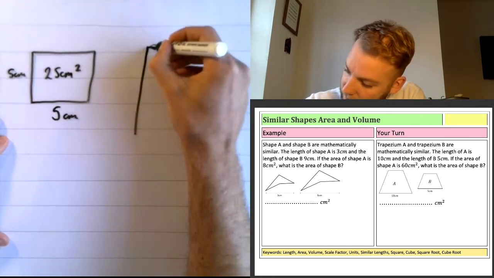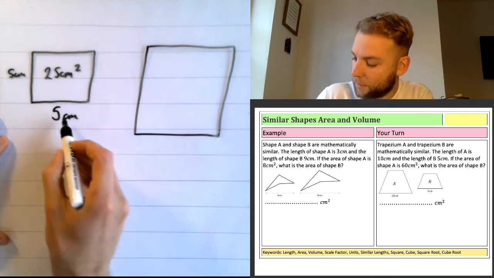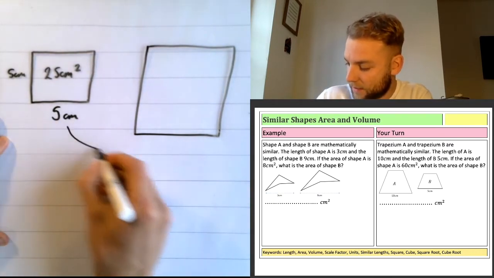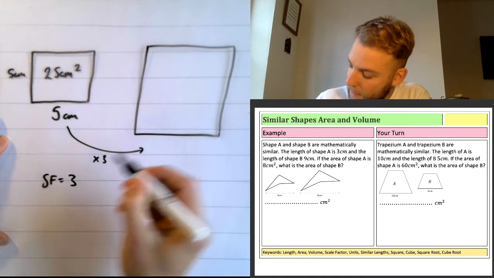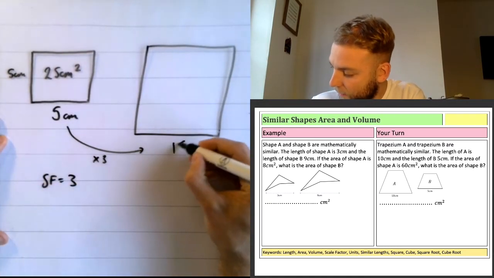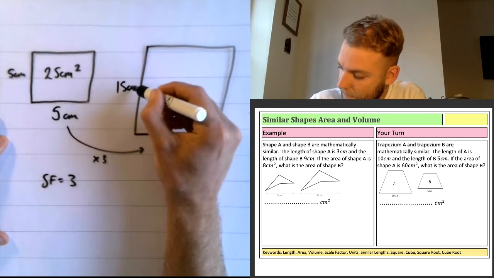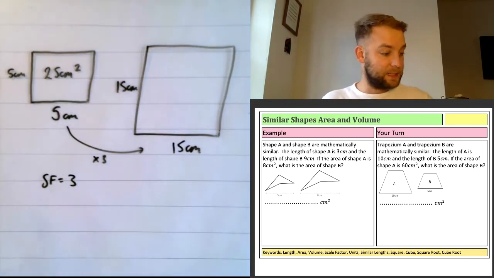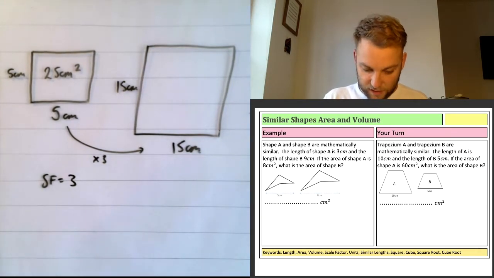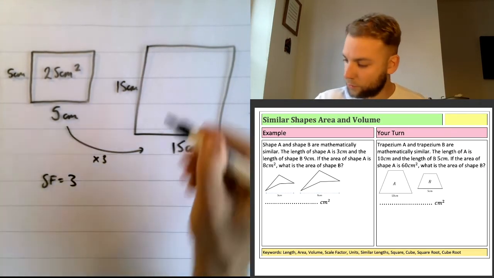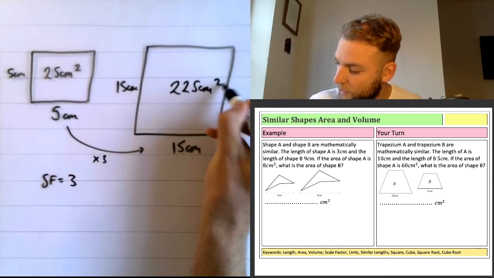So if I've got my similar shape over here, I'm going to enlarge these sides, so it's going to be times by 3, obviously, because the scale factor is 3. So this one over here is going to be 15 by 15, which means that the area of this one is going to be 15 times 15, which is equal to 225 centimeters squared.